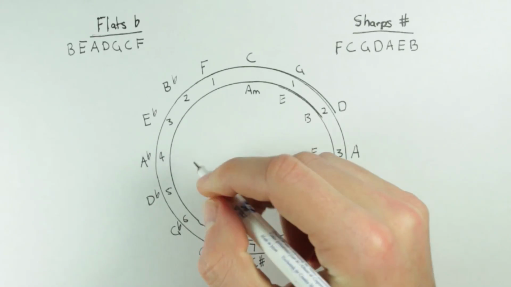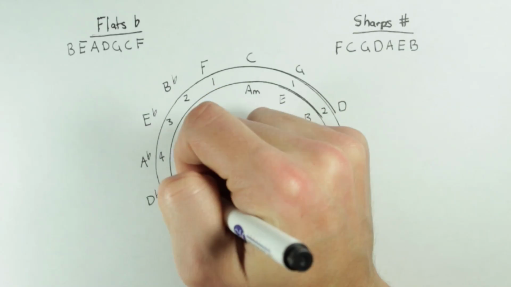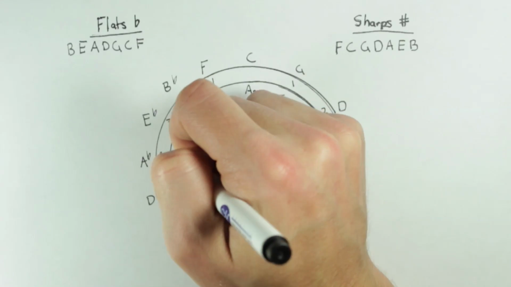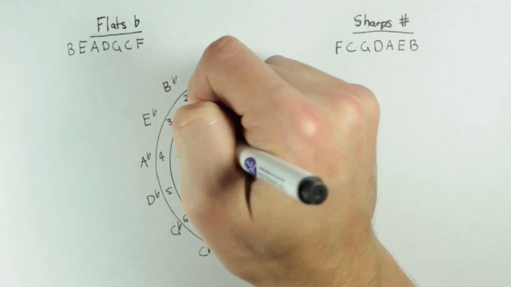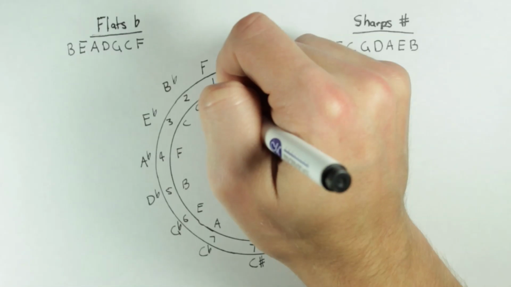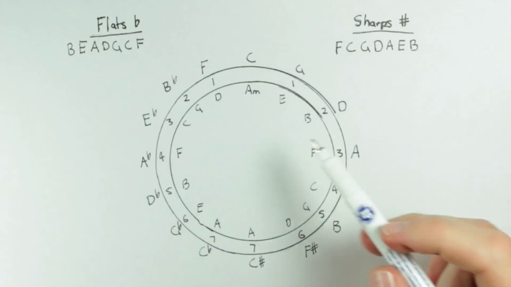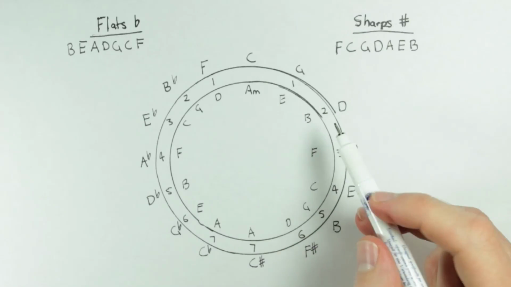A, E, B, F, C, G, D. Now for the minor scales, there are other sharps and flats that we have to remember.